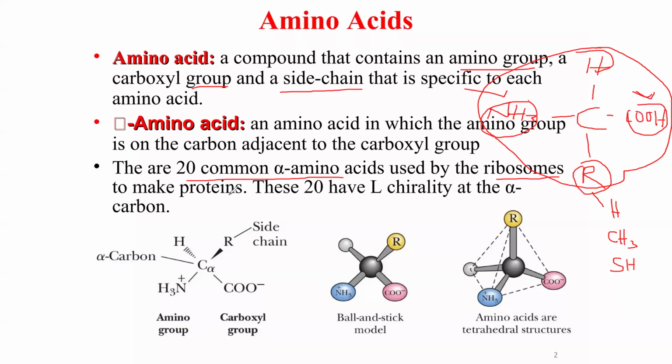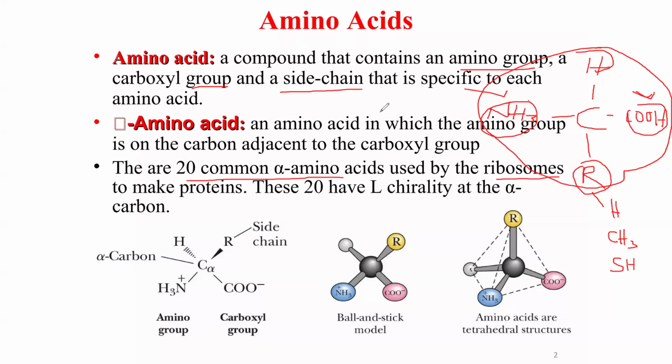It's like a protein manufacturing industry, where we synthesize proteins. The raw materials needed to synthesize proteins are amino acids, and these amino acids are 20. At the same time, these 20 amino acids have L-chirality.